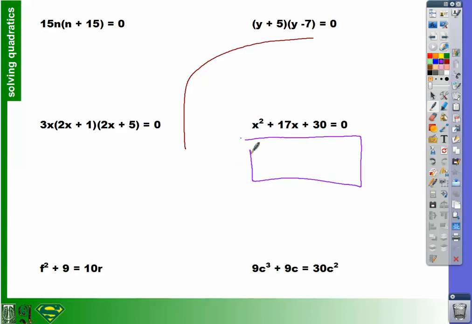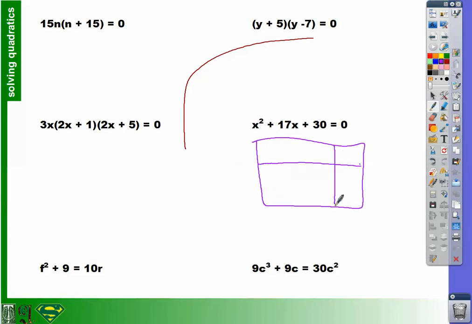Okay, I did the rectangle, and we already knew that this was x and this was x squared. Okay, got the pen. This one was 17. So then we were trying to figure. Oh, 30. Sorry.